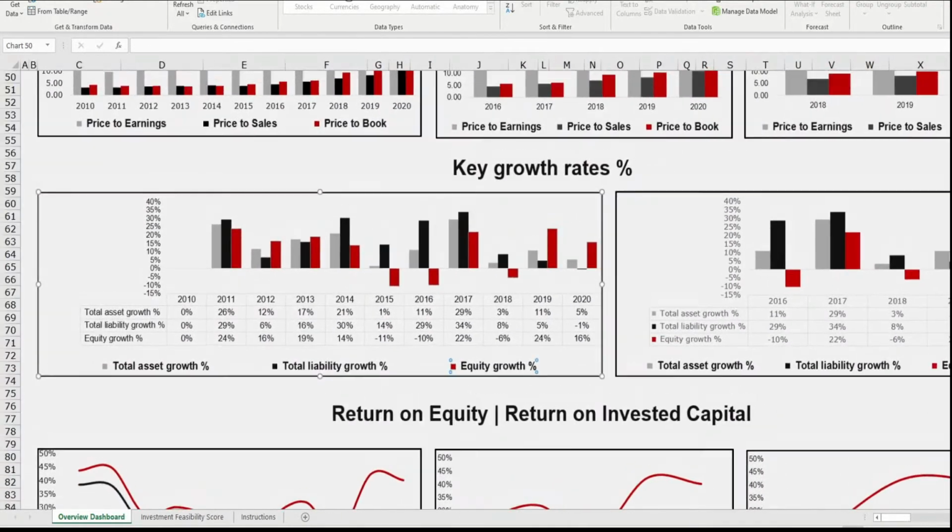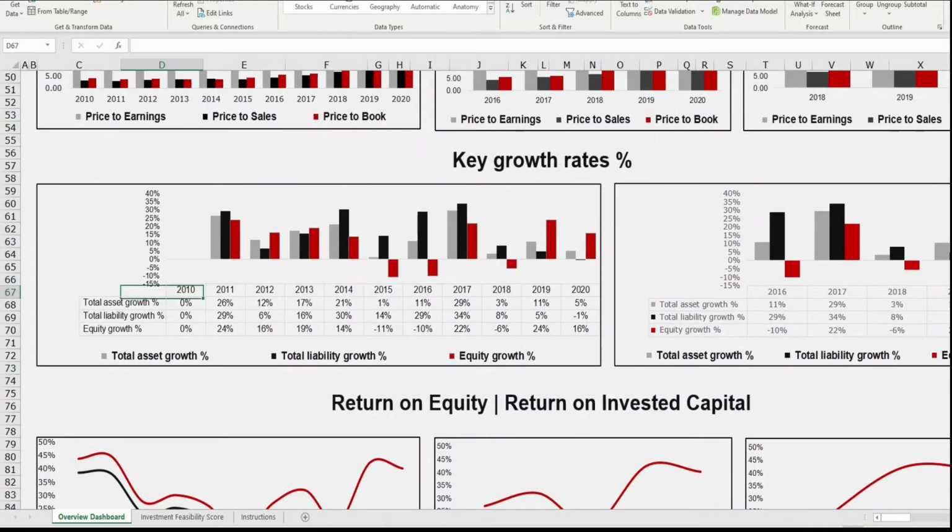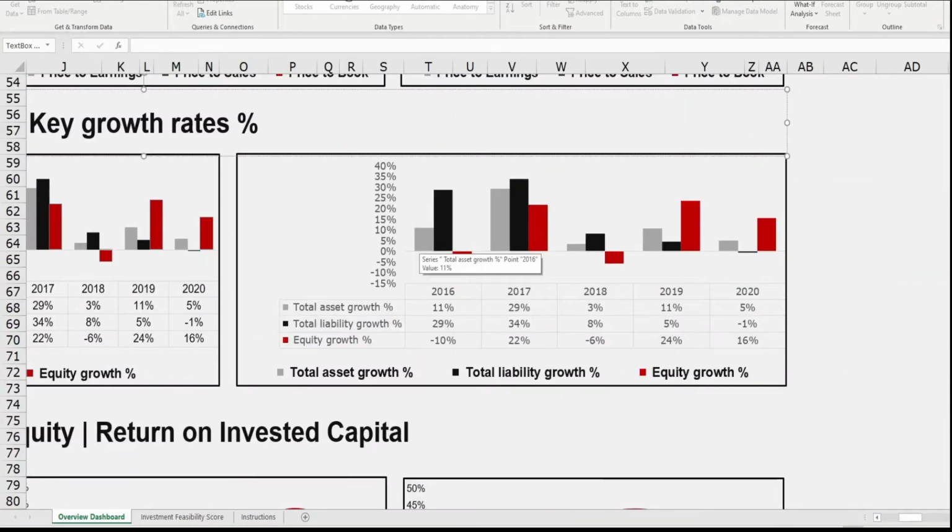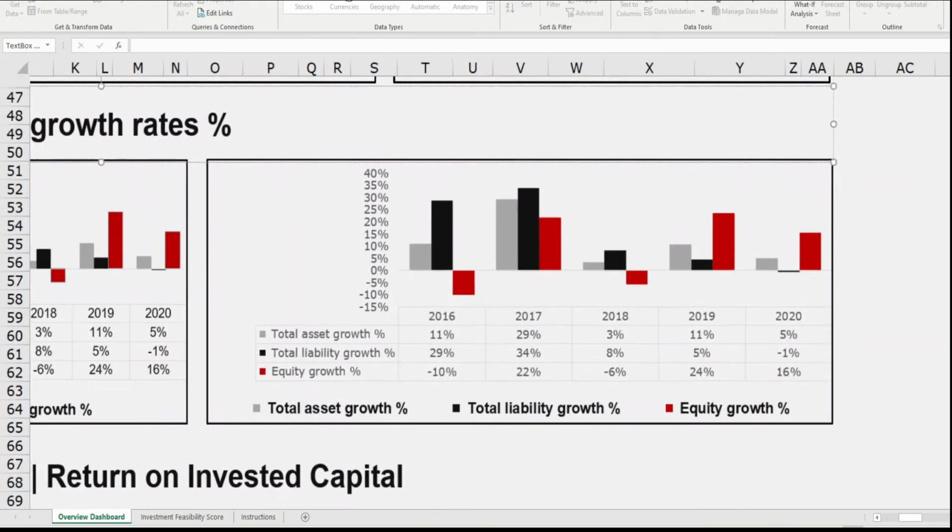So feel free to stop the video over here and look at these important rates year over year if you want to. But if we look at things over a shorter time frame, once again we can see that in total asset growth there is a steady decline. The total liability growth, again, a steady decline. But the equity growth is just all over the place. I mean, up and down and negative and positive and pretty much topsy-turvy. But it is what it is.